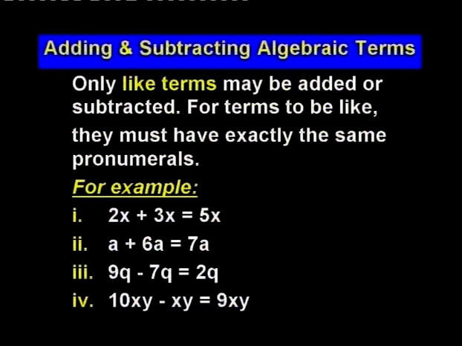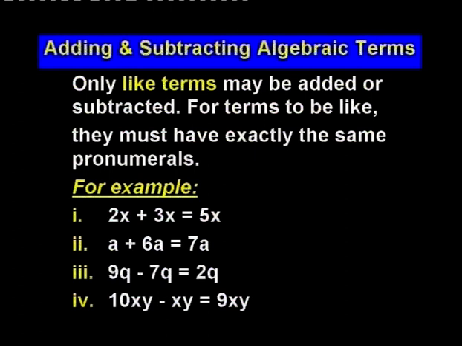Class, looking up here, we have examples of adding and subtracting like terms. Let's look at the first one. 2x plus 3x will simply give us 5x. And you come down here, a plus 6a, the answer is 7a. Some of you may think it's 6a. How did I get 7a?